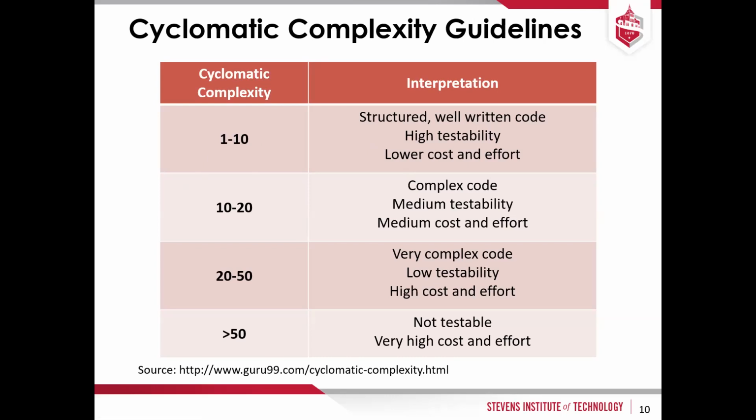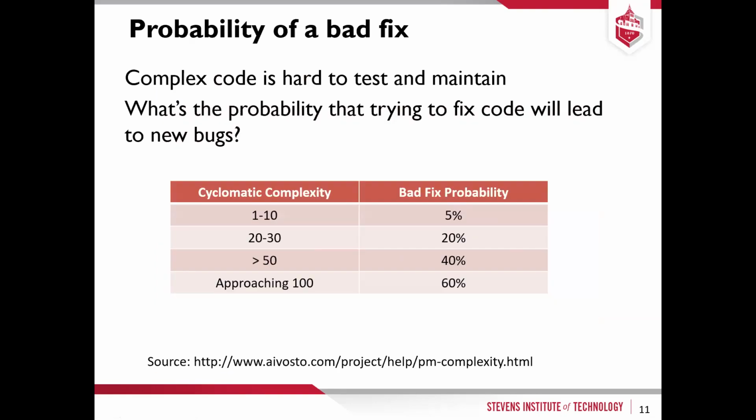In some cases where we cannot, we try not to exceed 20. So we make sure that not only can we test it as much as possible, but also we have minimum affordable cost and effort for time.